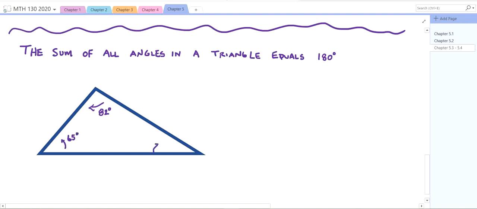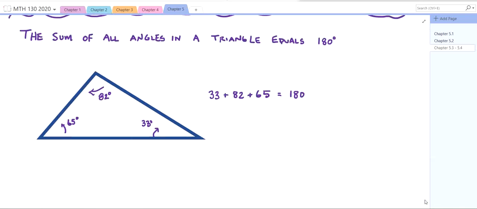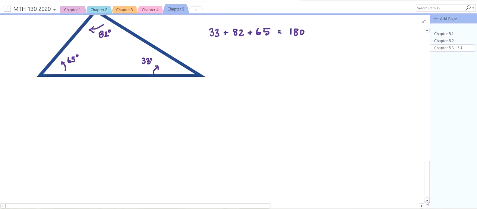Then this angle has to be 33 degrees, because 33 plus 82 plus 65 equals 180. So we can use this idea and some of the other ideas we've learned to solve problems.